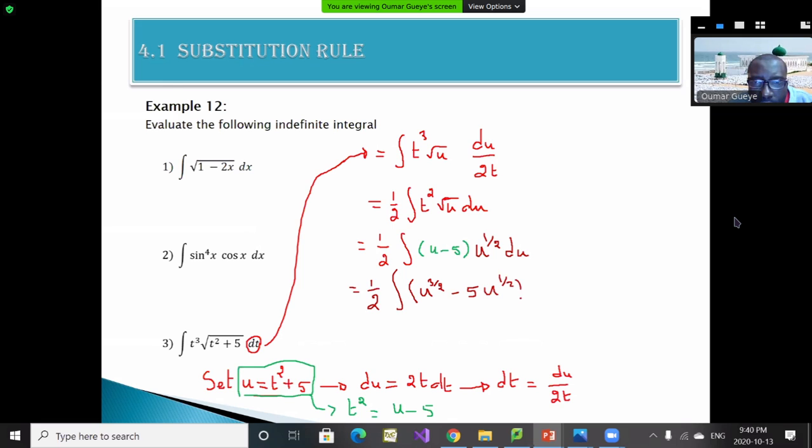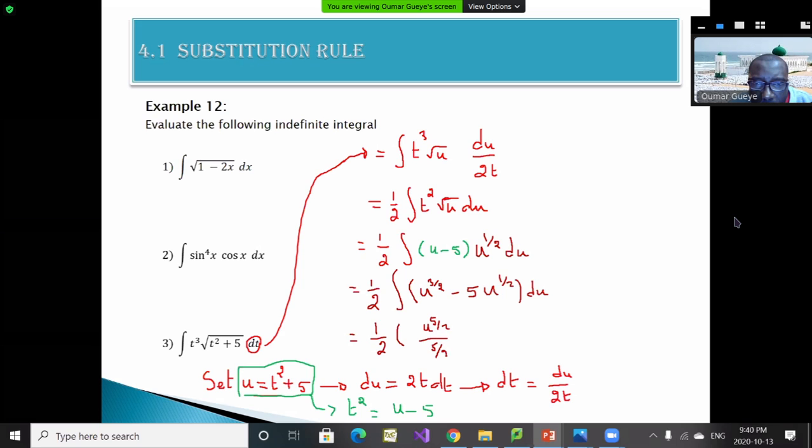And again, we have the two power functions, so we're going to use the power rule. And we'll get 1 over 2. If you calculate this one, it's going to be u to the power, the power rule says you have to add 1 to 3 by 2. You add 1, it's going to be 5 by 2, over 5 by 2.